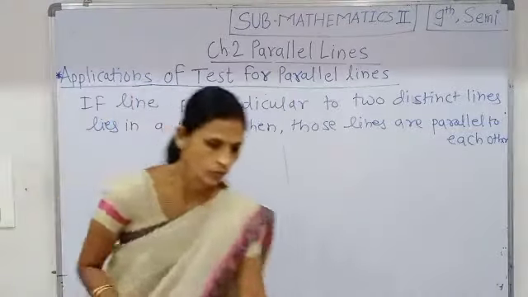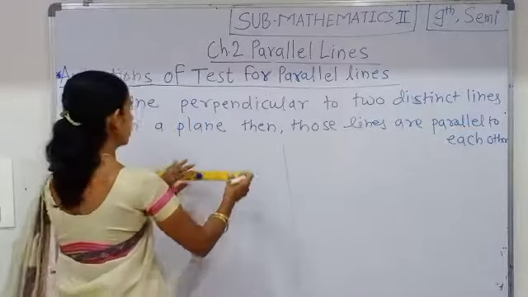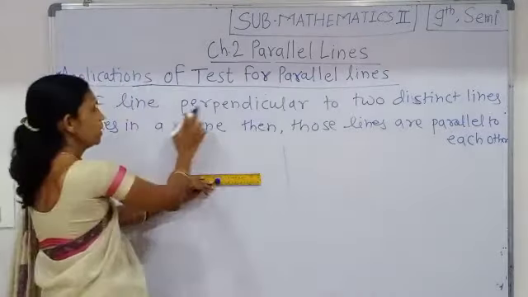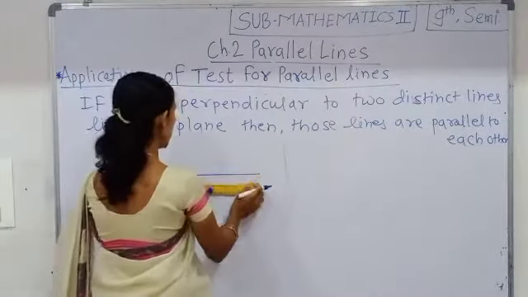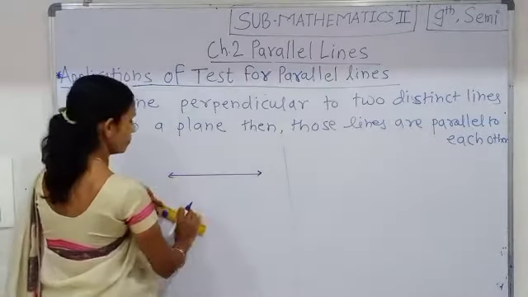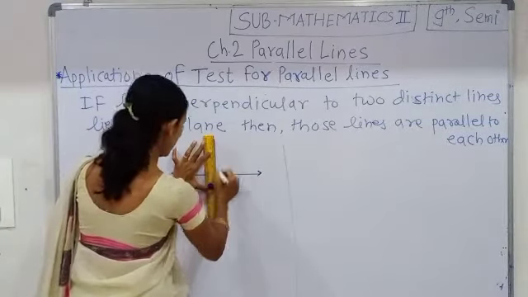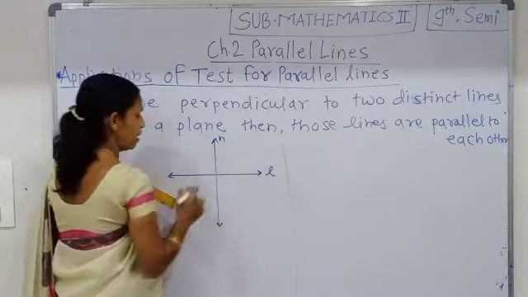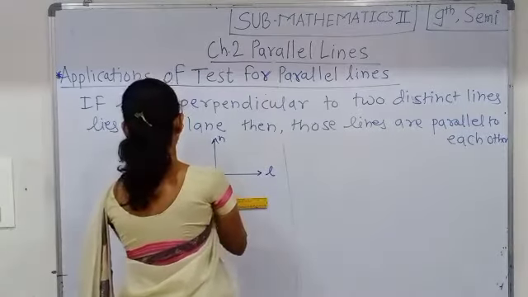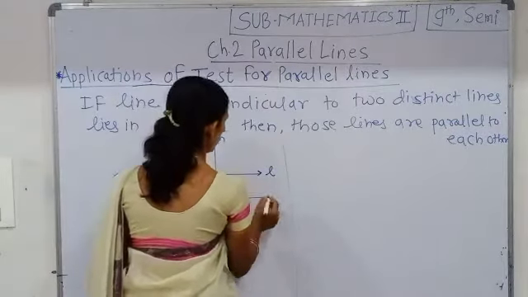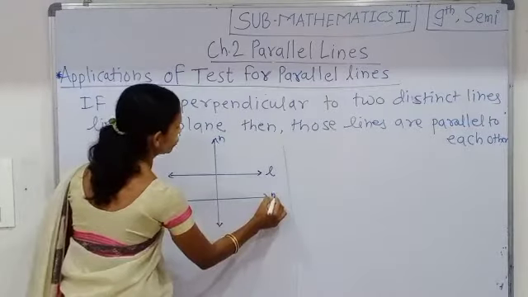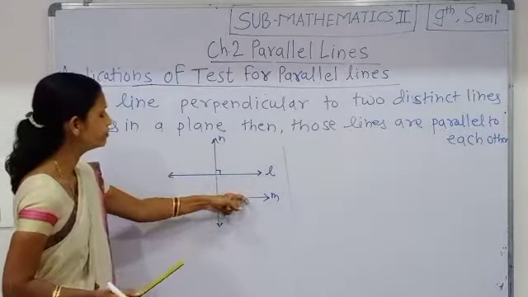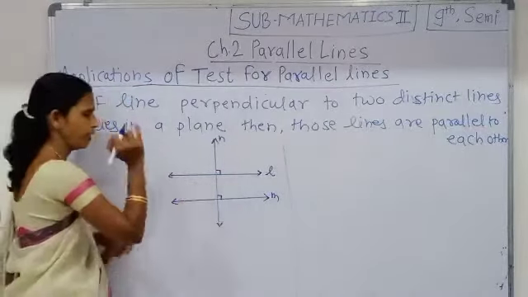First of all, we have to draw the figure for it. See here, there is a line perpendicular to two distinct lines. That means there is a line N which is perpendicular to line L, as well as perpendicular to line M, and lines L and M lie in the same plane.